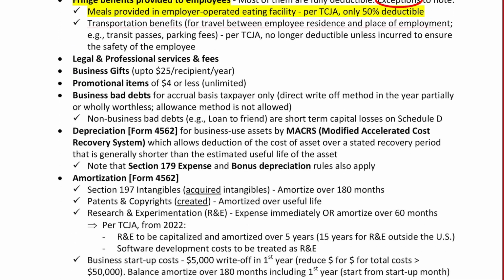Transportation benefits for travel between employee residence and place of employment are no longer deductible unless they are incurred to ensure the safety of the employee.